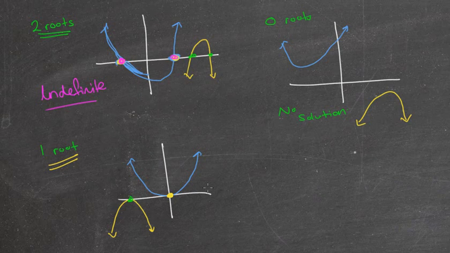We also have the function that has no intercepts. This one here we would call a positive definite, because it's definitely above the x-axis and it's positive. Likewise, this one here might be called the negative definite because it's definitely below the x-axis.